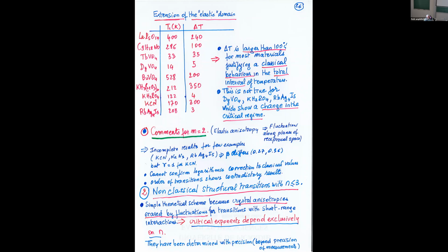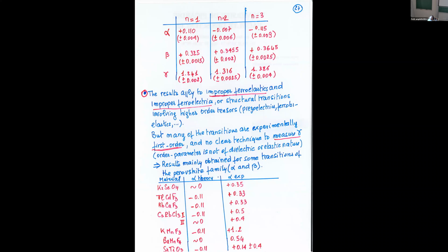And so, as it depends only on the number of components, it's the well-known work by Zinn-Justin and Brezin, who calculated once and for all, with a precision which is impossible to reach at the experimental level, the critical exponents alpha, beta, and gamma.